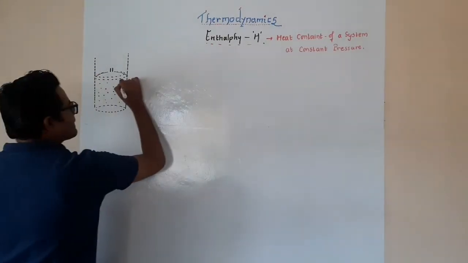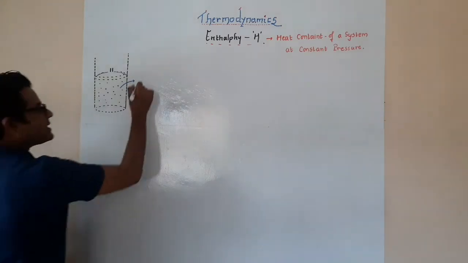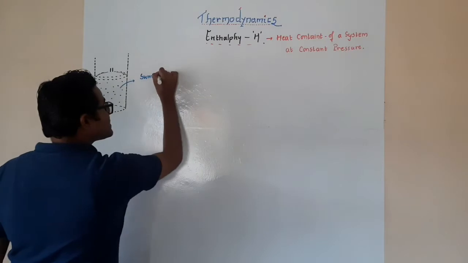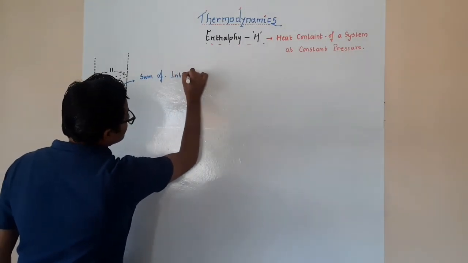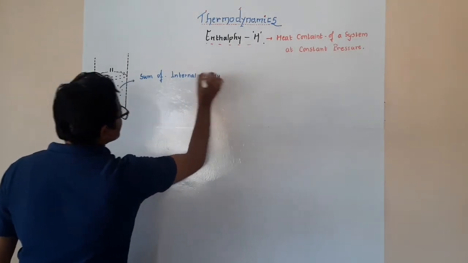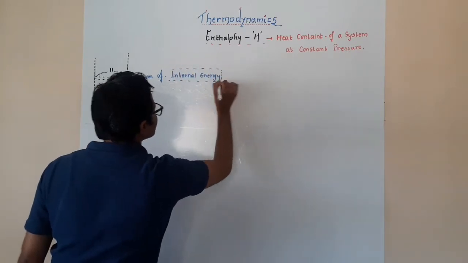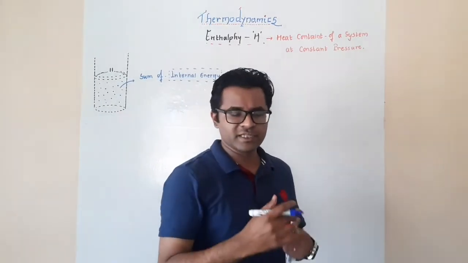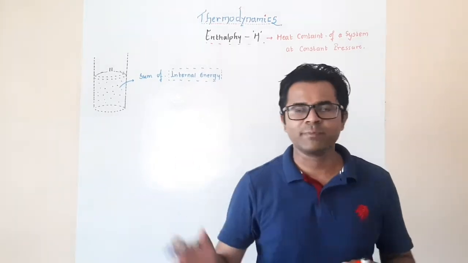Enthalpy is nothing more than, when we take a system into consideration, the sum of two things. It is the sum of the internal energy. As we have already studied, every single system contains a certain amount of internal energy. It is the sum of electrical energy, chemical energy, mechanical energy, all types of energies.